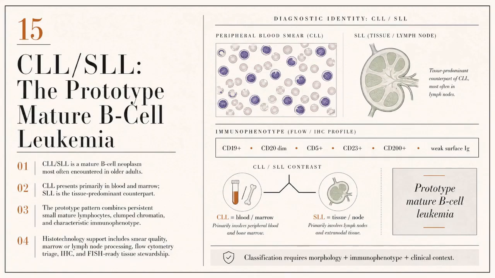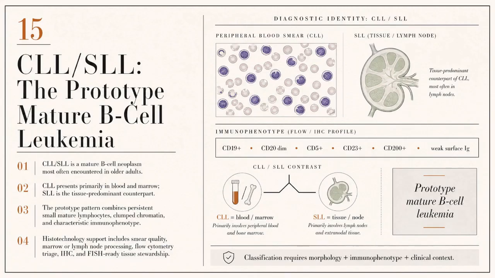Understanding CLL/SLL is essential not only because it is the most common mature B-cell neoplasm encountered in clinical practice, especially among older adults, but also because it exemplifies many of the diagnostic challenges and laboratory techniques integral to histotechnology and hematopathology. This slide introduces CLL/SLL by integrating key pathological, immunophenotypic, and epidemiologic features that are foundational for accurate diagnosis and effective laboratory workflow.